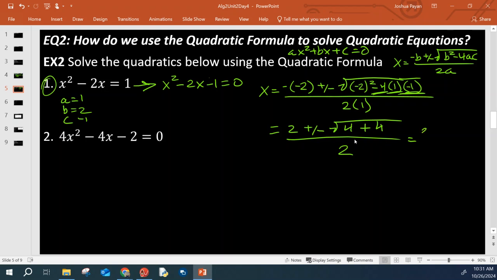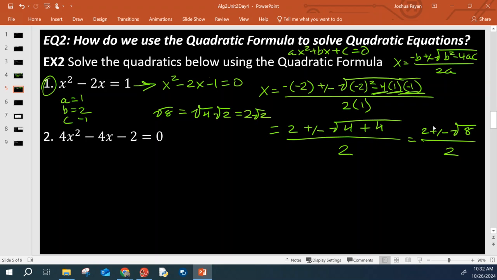So now I've just got 2 plus or minus the square root of 8, right? 4 plus 4. All of this divided by 2. And again, I'm a math snob. I'm going to factor this radical. So the square root of 8 can be rewritten as the square root of 4 times the square root of 2, or just 2 square root of 2.